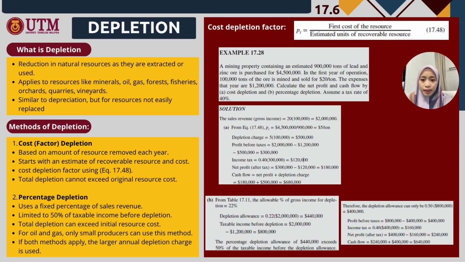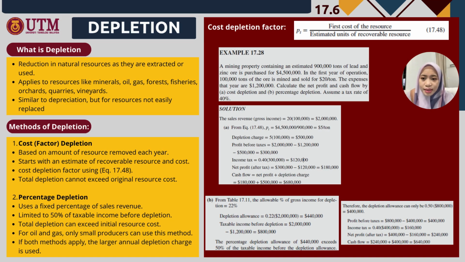For oil and gas, only small producers can use percentage depletion. When both methods are available, the larger annual depletion charge is applied. Overall, depletion ensures that the cost of using natural resources is reflected as an expense in financial and tax calculations.